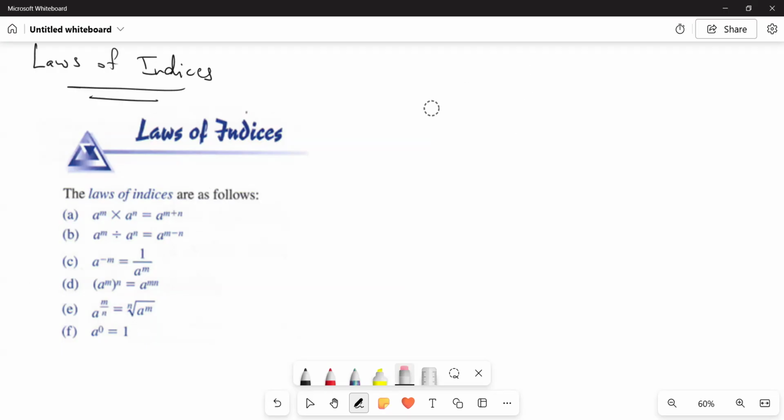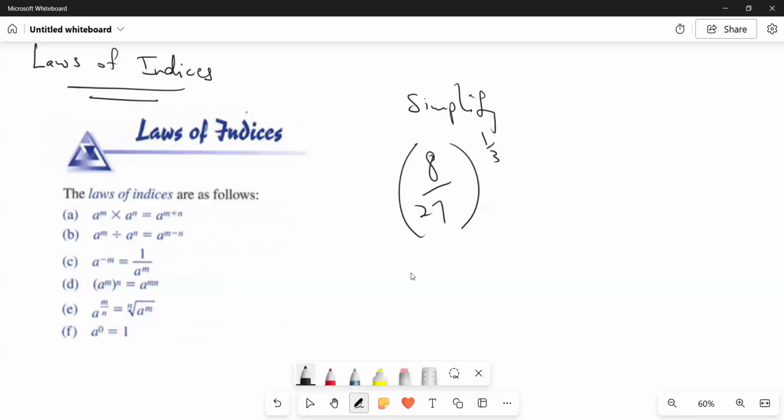Let's take, we want to simplify 8 over 27, to the power of 1/3, right? So 8 can be written as 2 to the third power. We just said 27 can be written as 3 to the third power as well, right?